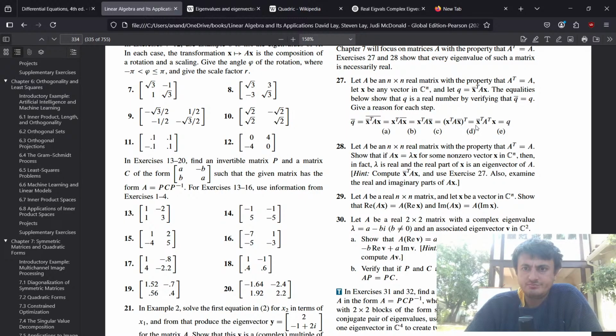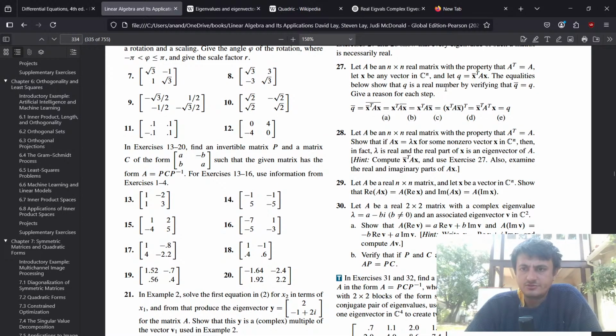The equalities below show that Q is a real number. Okay, so we should do this, by verifying that Q equals Q bar. You're allowed to take the complex conjugate of both sides. If something is equal, then its complex conjugate must be equal. They don't even ask you to provide a justification for that.